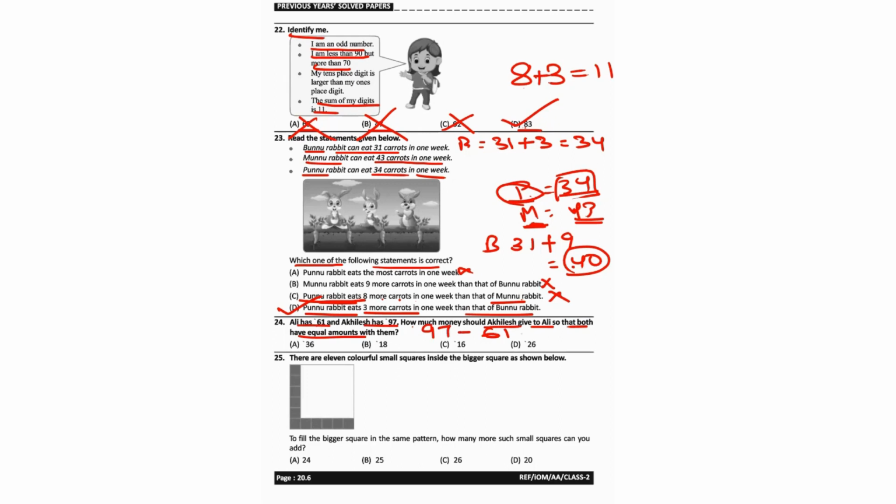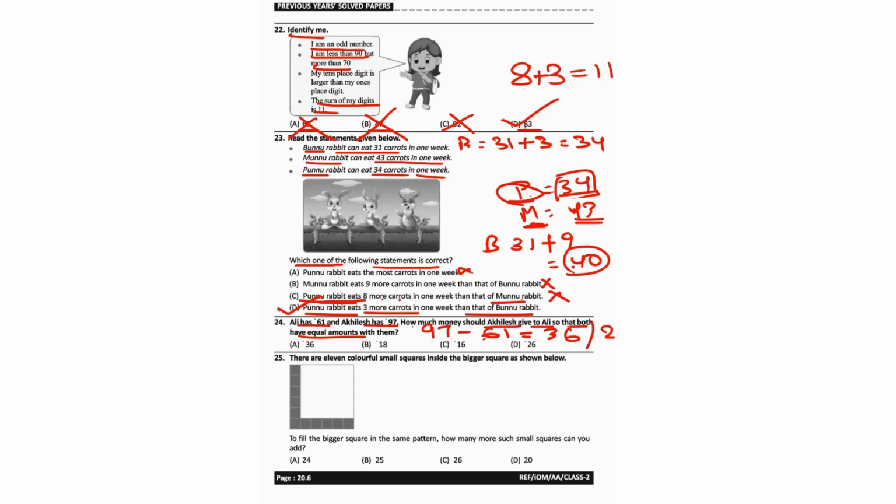97 minus 61. If you just subtract this, you get 36. 7 minus 1, 6. 9 minus 6, 3. So Akhilesh is having 36 rupees more. That means the difference of amount between Ali and Akhilesh is 36. Now, if you divide this 36 rupees equally among both of them, Akhilesh and Ali, will they have the same amount?